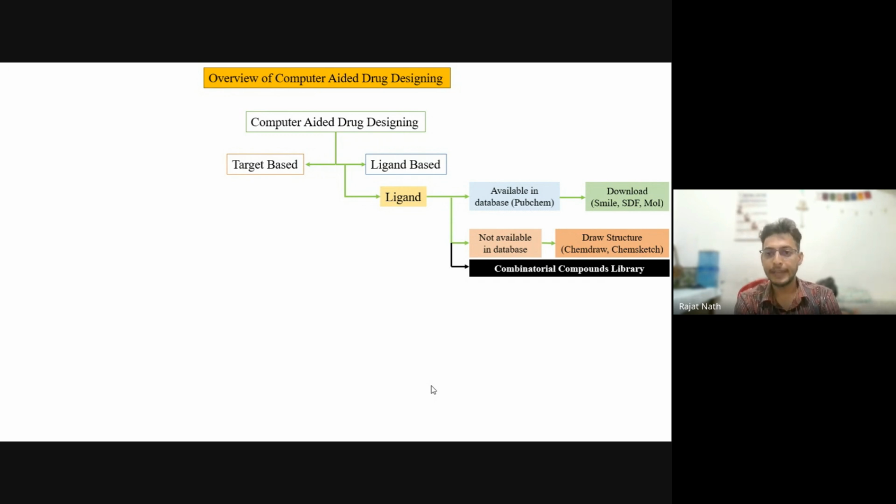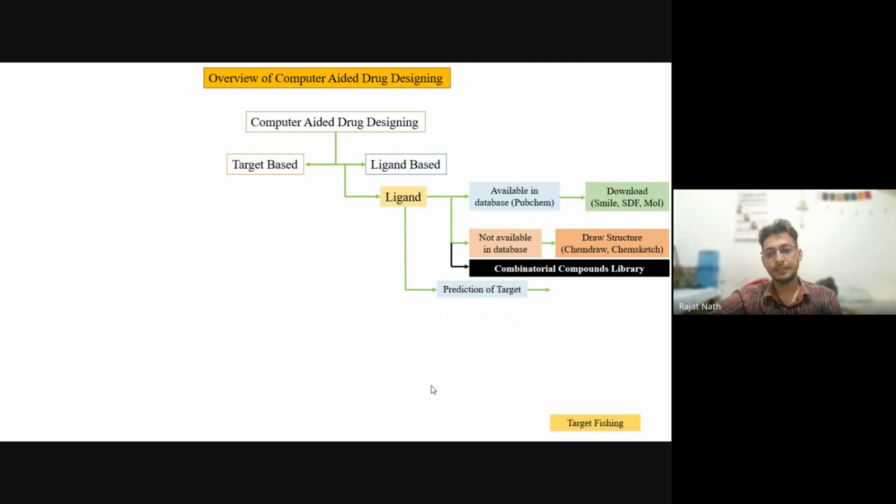We can make a library by changing the side chains of your ligand and predict those structures, to see whether this compound library shows better results than your selected compound or not.